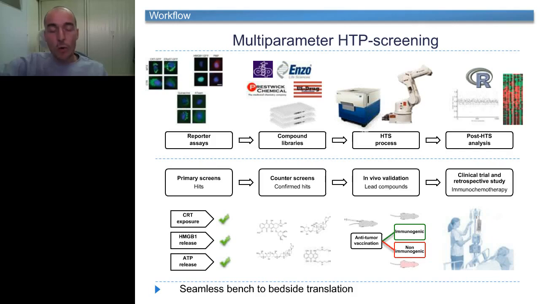And from all the compounds that we screened initially, we narrowed them down in the validation screens, and from all the compounds that made it through the primary screens, we do the in vivo validation, meaning we go back to the initial model that I showed you in the very first slide, and we make sure that the effect we see is really based on an immune system related animal.